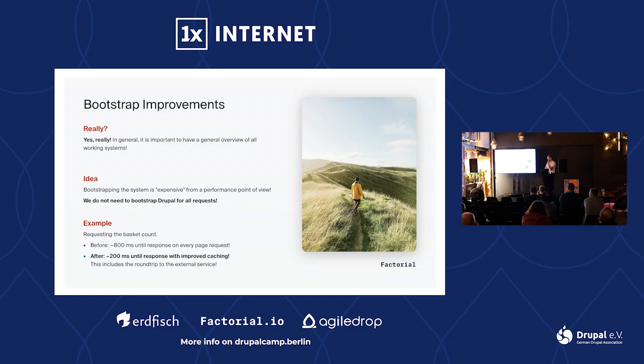I'll just pick out one example. This is an e-commerce site, and the shopping basket is an external service. We want to fetch the basket count, a very typical problem. This was part of a bigger API, but we realized we can cut this out, because when we're requesting the basket count, nothing happens on Drupal.